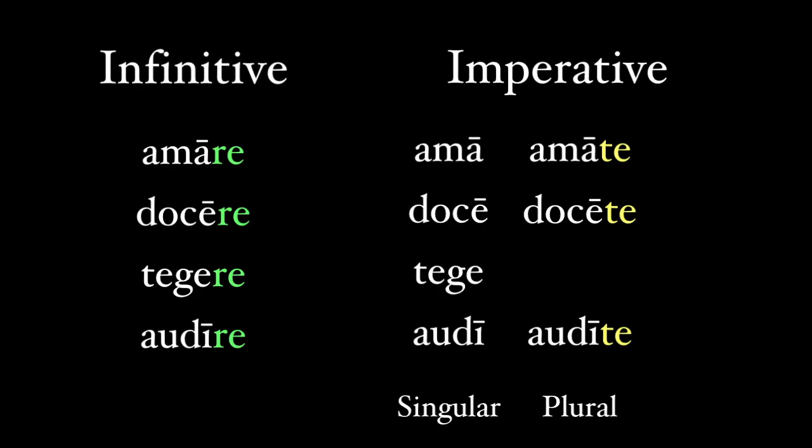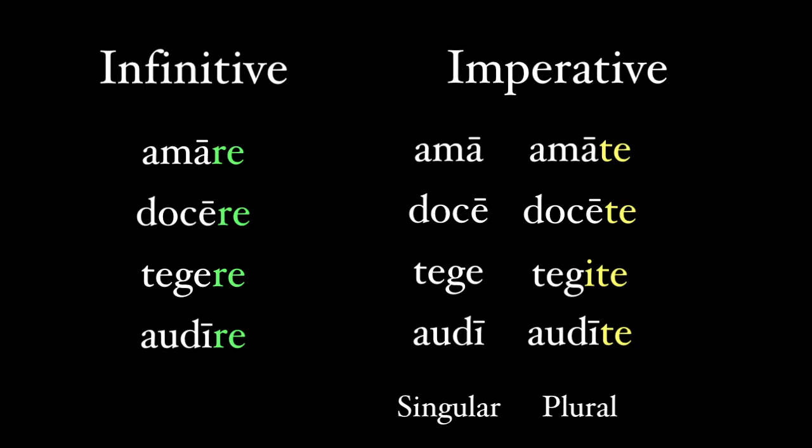Third conjugation verbs, since the singular ending is a short e, it morphs into a short i in the plural. So tege pluralizes to tegite. The difference in sound from the e to i isn't much, and changes like this happen all the time in spoken language.